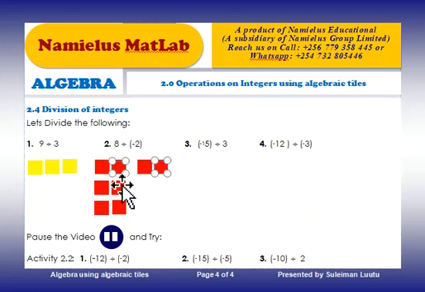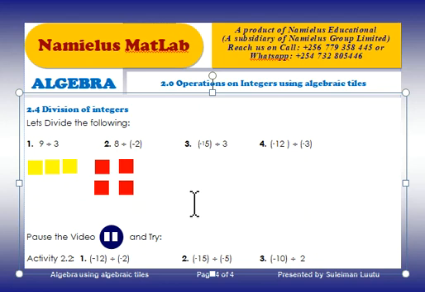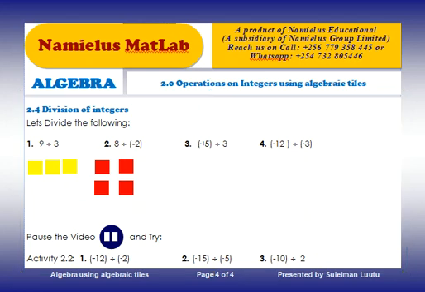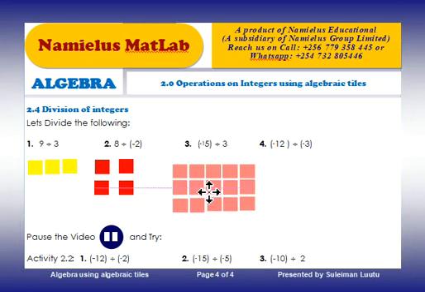So the answer becomes 4. So those are the 4 groups which we get out of 8 divided by negative 2. It is negative 4.